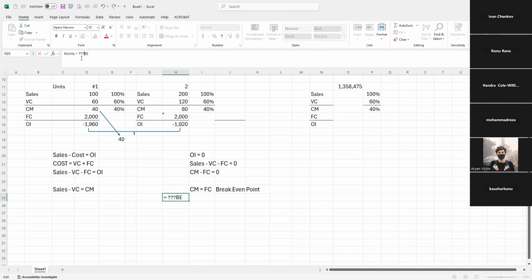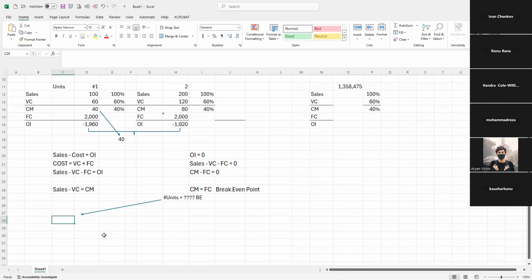How many units do I need to sell to get to the break even? Now, how can we get that? We have to think about it here. Before we go there, let's see something. So that's the first question that we need to answer. How many units do we need to sell?